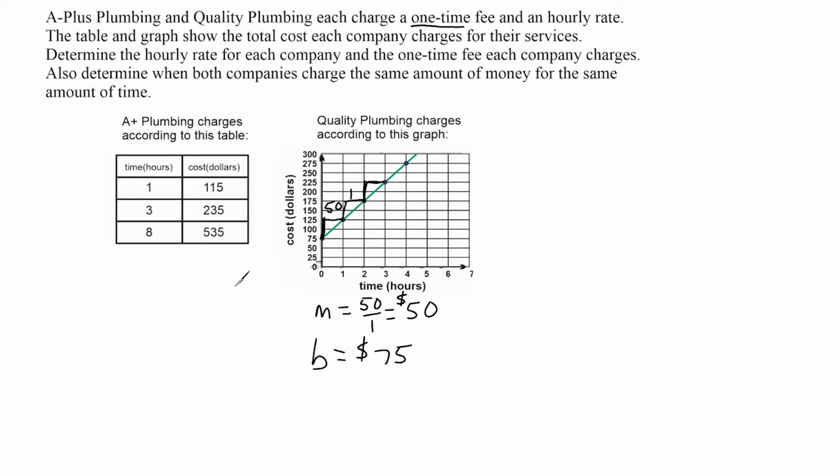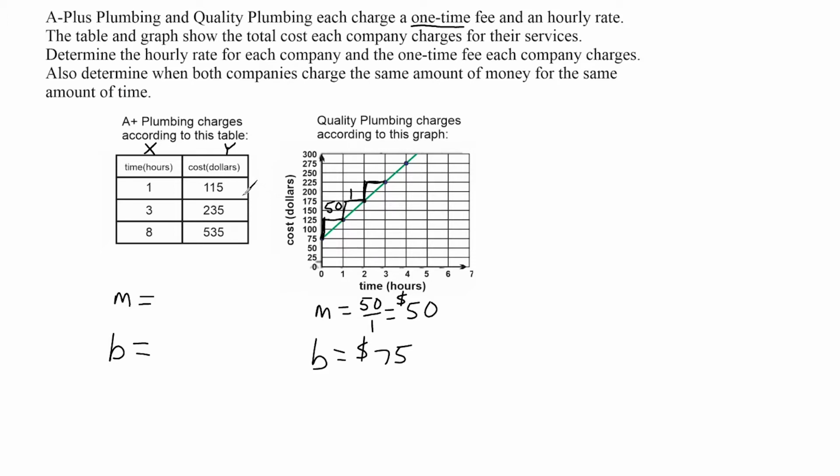All right, let's go ahead and figure out what the slope is of our table and what our one-time fee is, or the y-intercept. So what we have to do with our table is we have to figure out what is the change in our y values for the corresponding changes in the x values.